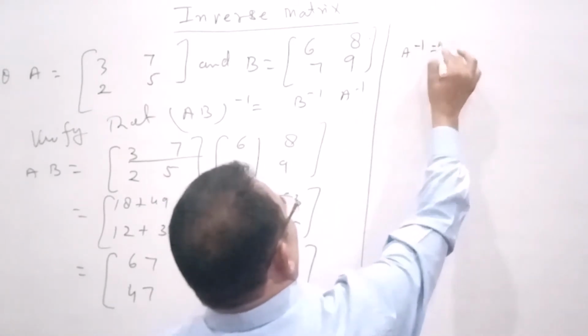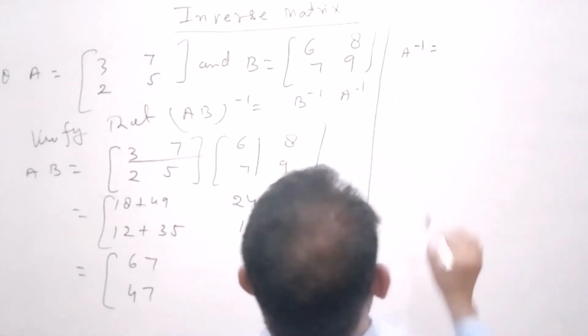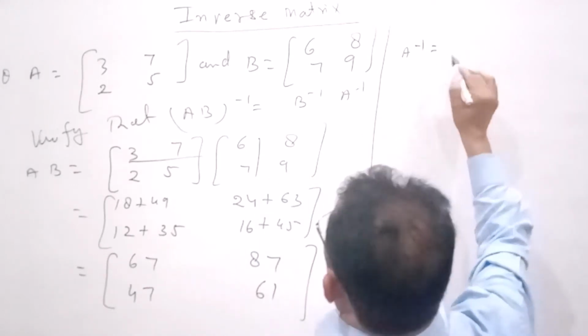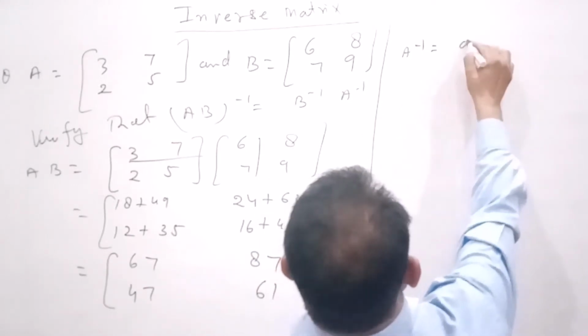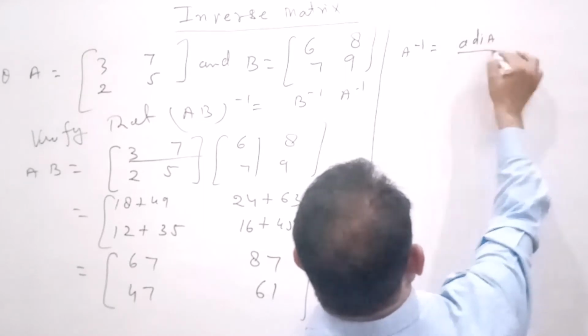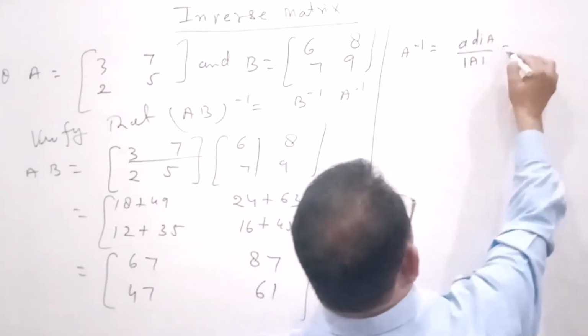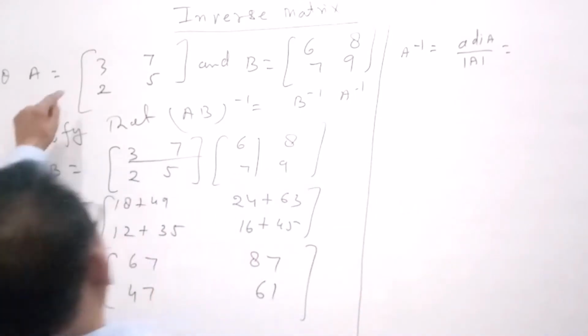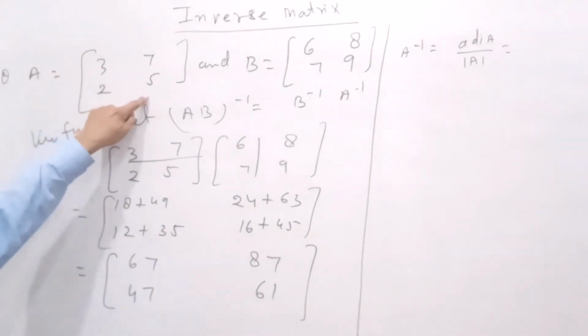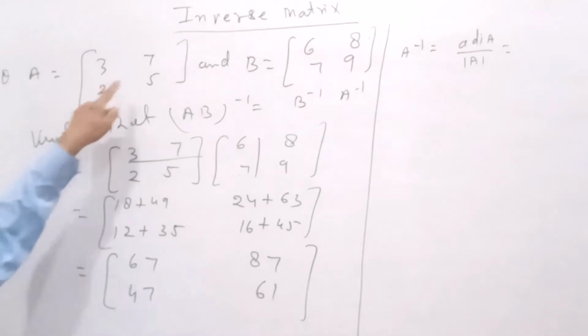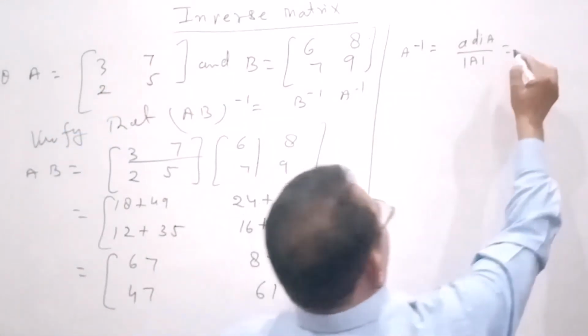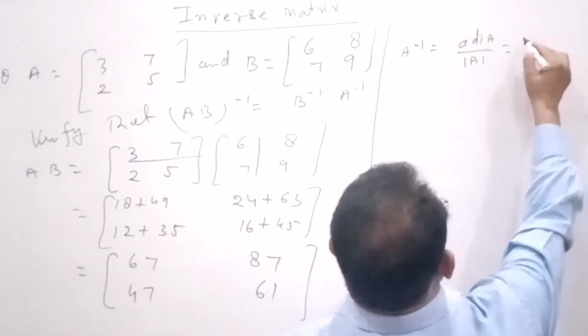A inverse is equal to the adjoint of A divided by the determinant of A, and this is equal to, as we see here, 5 3 15 minus 14, that is 1.